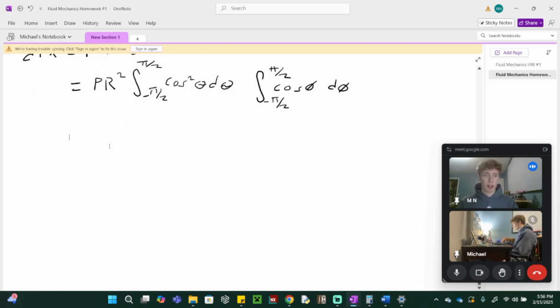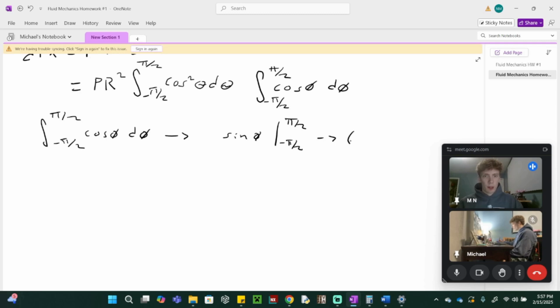Look at each of these integrals separately. So we're going to start with the easier one, which would be cosine phi d phi. So let's start here. We have the integral from negative pi over 2 to pi over 2 of cosine phi d phi, which turns into sine of phi from negative pi over 2 to pi over 2, which is equal to 1 minus negative 1, which is equal to 2.